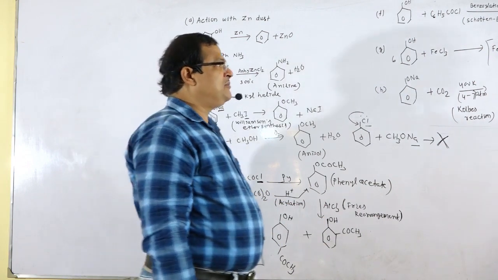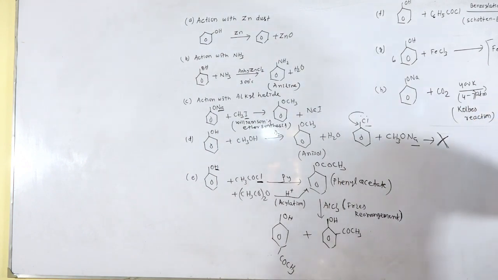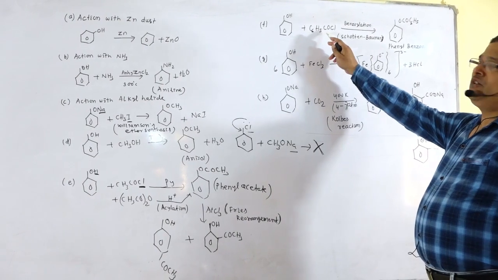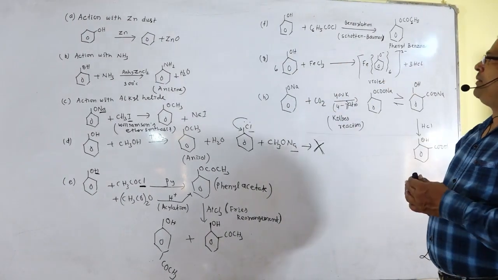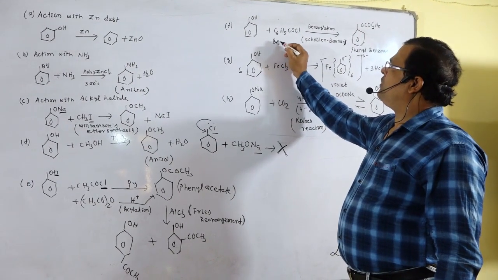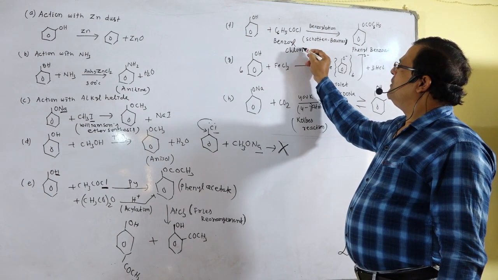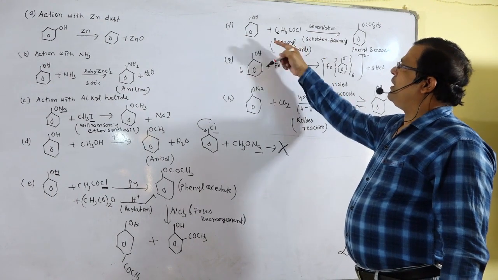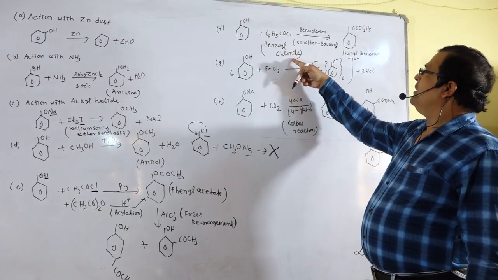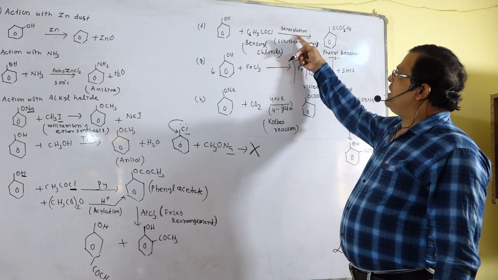So next we'll see the reaction of phenol with benzoyl chloride. This is benzoyl chloride. Phenol that has been treated with benzoyl chloride; that reaction is known as benzoylation.